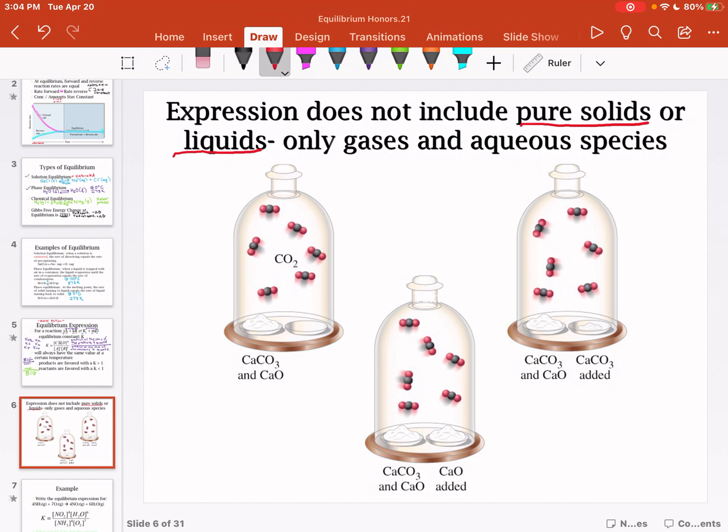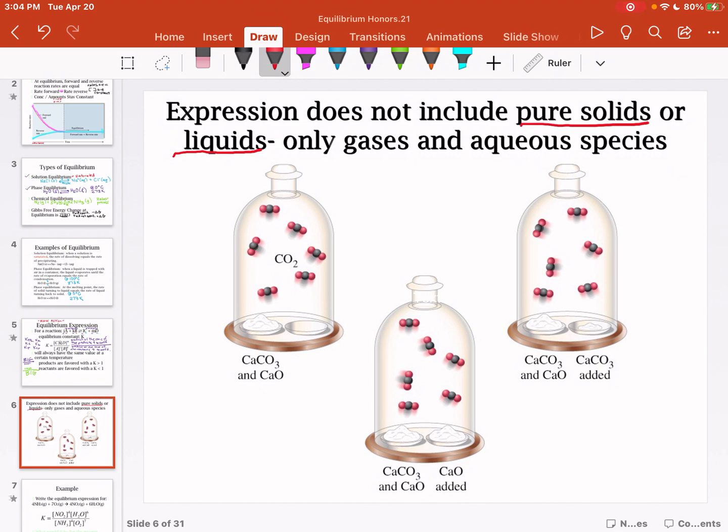So since their concentrations are not changeable, they drop out of an equilibrium constant expression completely. However, our gases, we can change their concentration, and aqueous, we can change the molarity by having more solute or less solute. So we can change the concentration of gases and aqueous species, so they do stay behind.